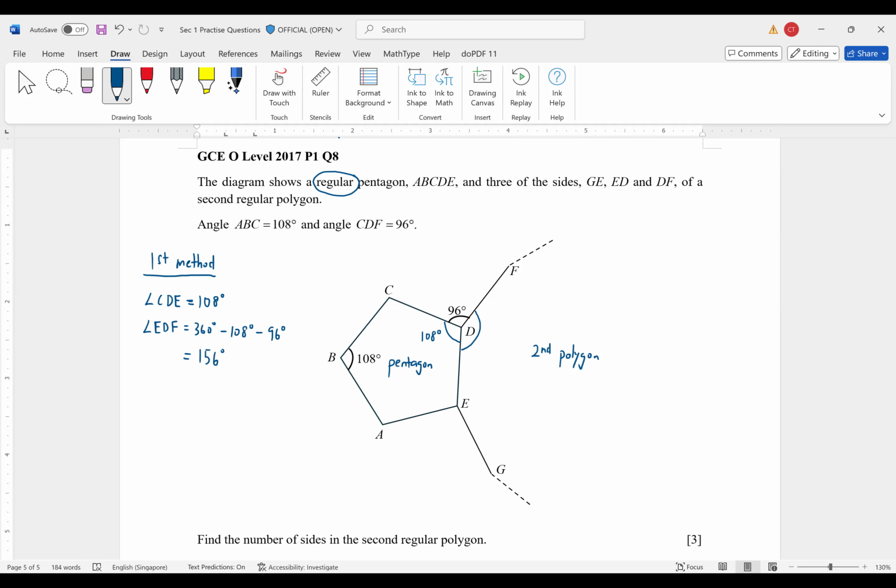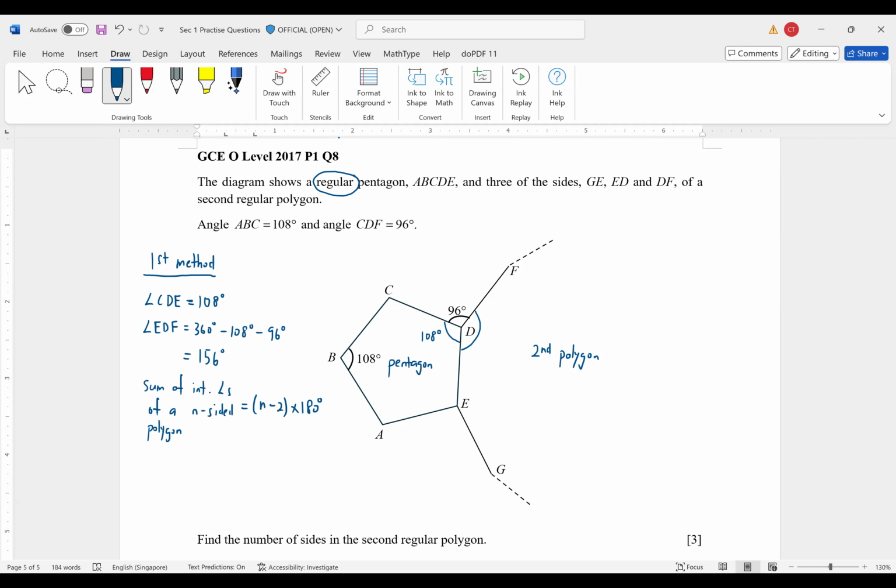Now I'm going to use the formula for the sum of interior angles to find the number of sides. We know the formula for the sum of interior angles of an n-sided polygon is a very important formula that you need to know: n minus 2 times 180 degrees.